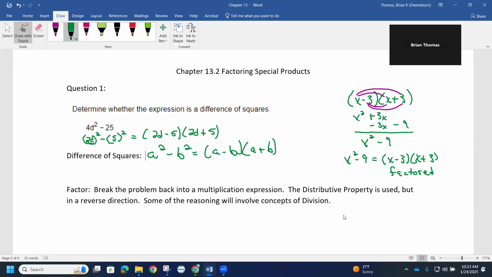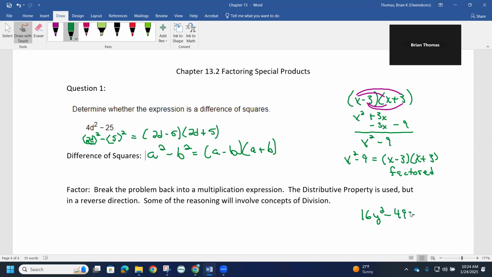So again, if I did another example, 16y squared minus 49.